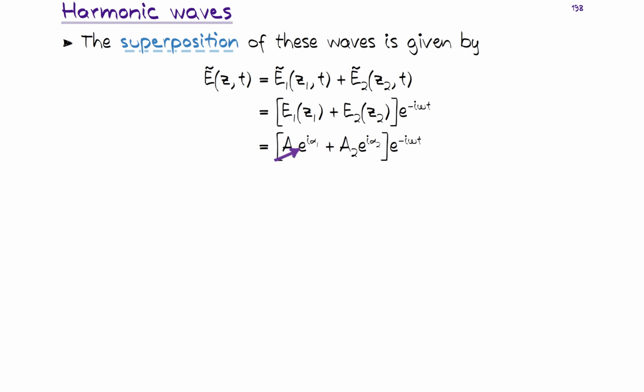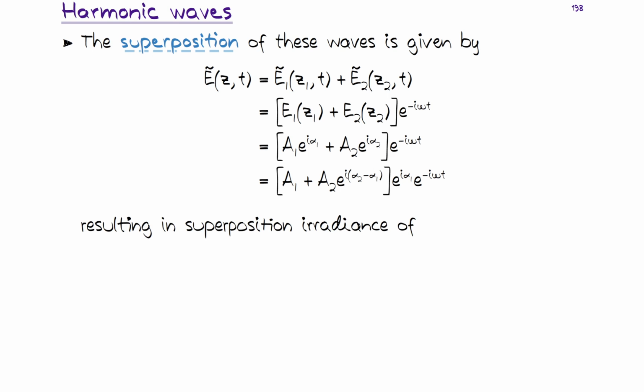So I'm taking this out, and then I must multiply this term so that I can take the term out. So essentially I can have this kind of multiplier inside the parentheses. So I have A1 plus A2 times exponent i (alpha 2 minus alpha 1). And now I'm multiplying this with the exponent i alpha 1, and I have the usual time dependence.